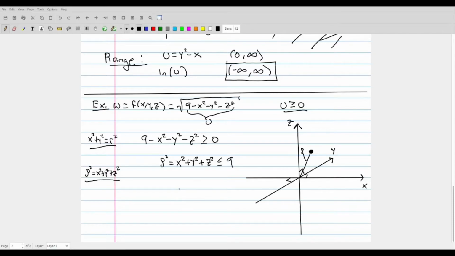So that gives you a restriction that rho has to be less than or equal to 3. Which means that the natural domain of this function is all points in 3D where the radius is less than or equal to 3.